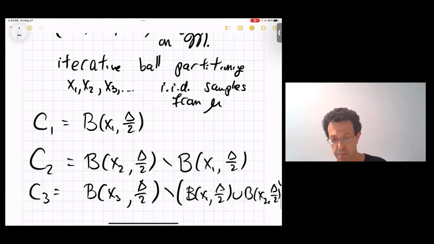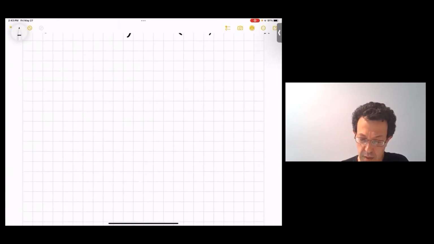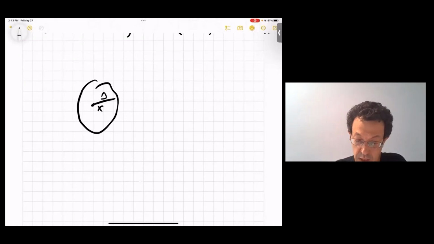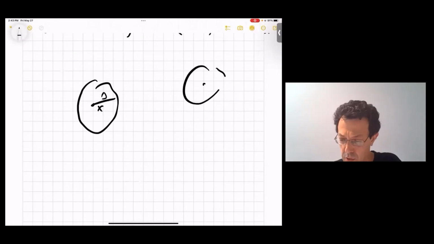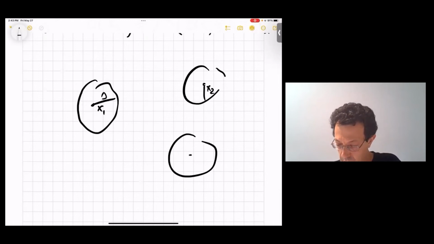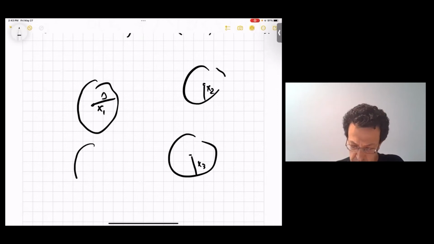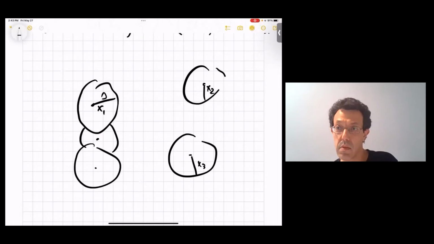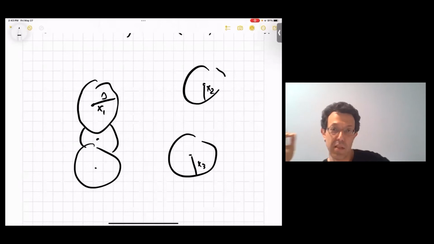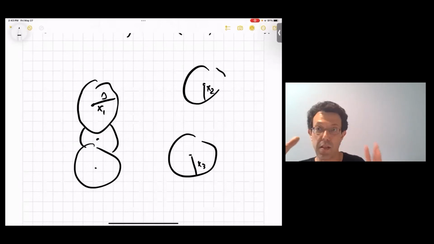It's the obvious thing that you want to do, that you have these random points. So x1 shows up, it bites out a ball of radius delta over 2 out of the space. Here is x2, it's x1, etc. x3. Eventually, maybe you chose like this, a point shows up here and then it takes what it can out of the space. And of course, as you go along in this construction, eventually the sets become really nasty.